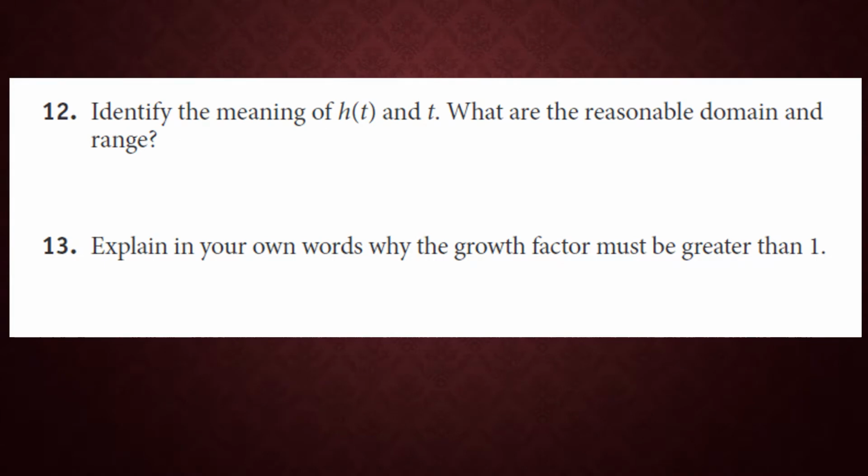So now we want to talk about the ever-present domain and range. So we've got to identify the meaning of h of t, that's the house value, so that's going to be our range, that's the output, and of t, which is the years since 1960. And so the reasonable domain and range are pretty much anything that's not a negative number. So that house value could go all the way down to 0.